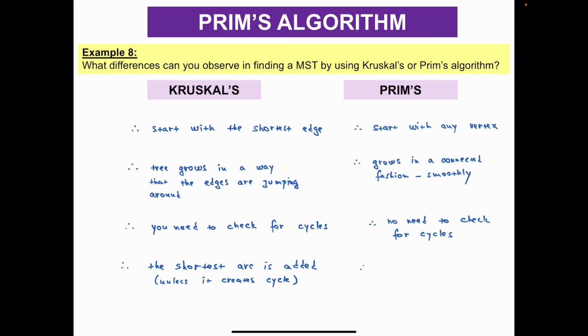While in Prim's algorithm, the nearest unattached vertex is added. Nearest unattached.